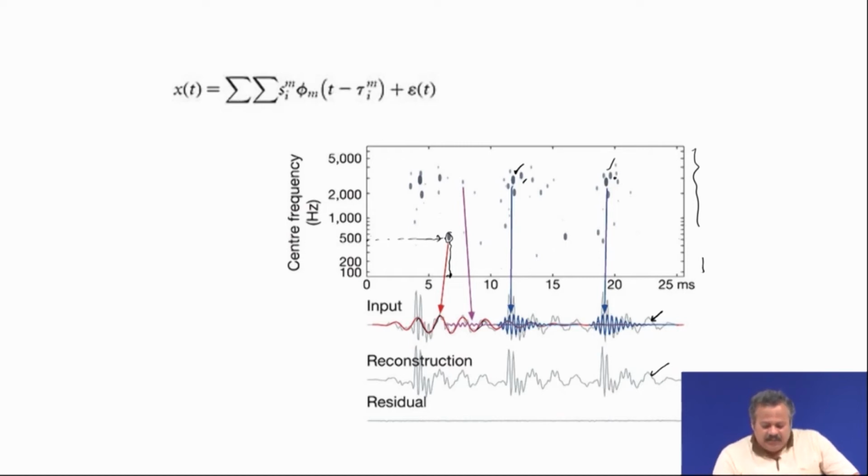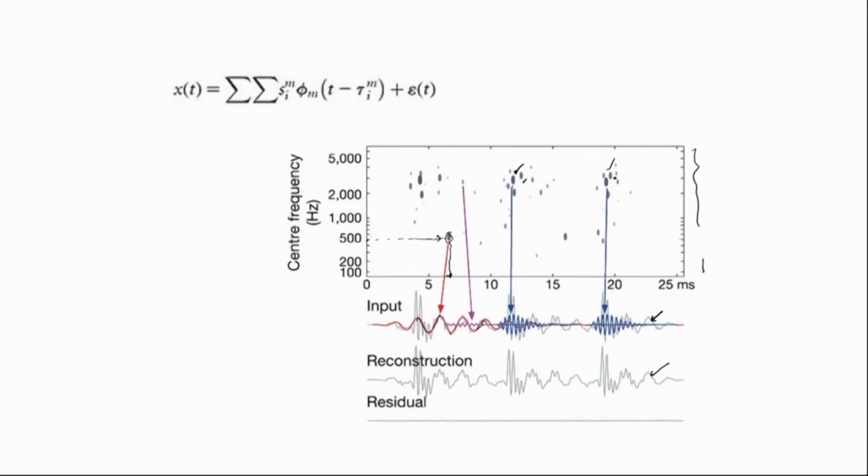These are represented in these blue kernels. This high frequency with a smaller amplitude is present embedded in here. And so you can now imagine that by adding the presence of each of these acoustic features in different amounts throughout the sound duration, which is only 25 milliseconds, we can get a reconstruction like the gray line below. And the difference between them is the residual shown at the bottom trace.